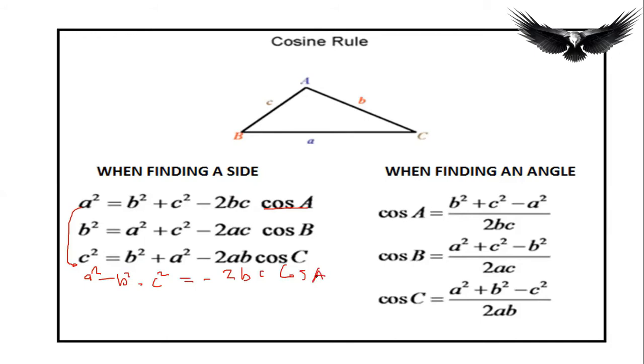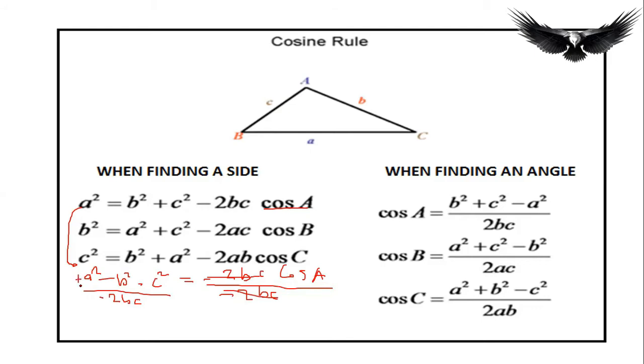Now this minus 2bc cos A is together. So you're just going to divide over minus 2bc. What you do this side, you're also going to do that side. So this one will cancel with this one, and we've only remained with cos A. Remember, if we've not written any sign, then this is a positive.